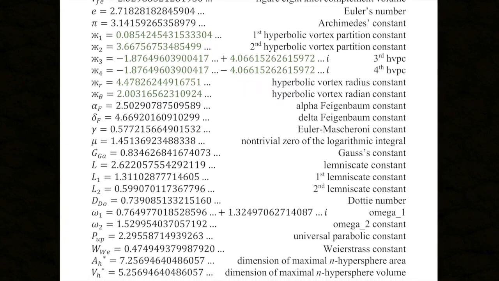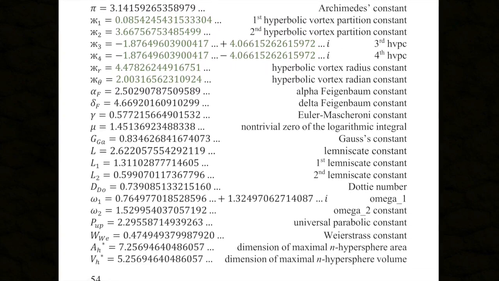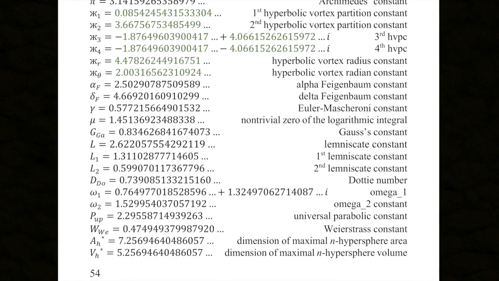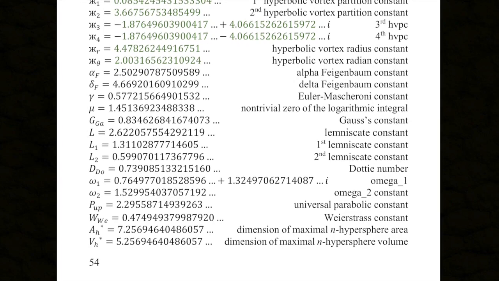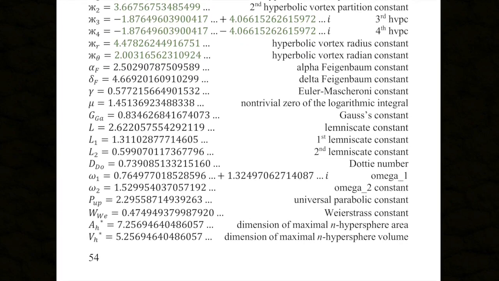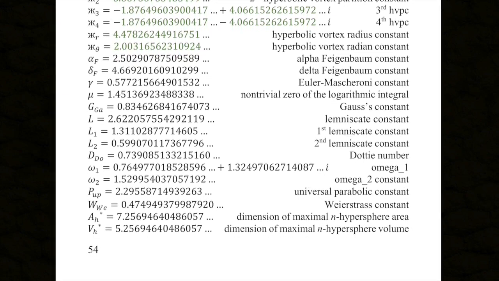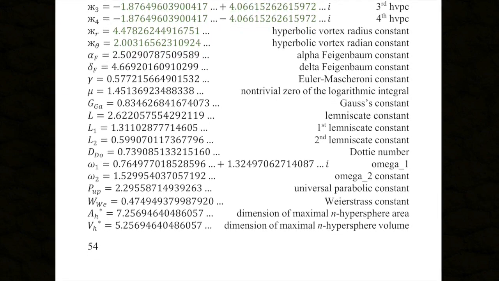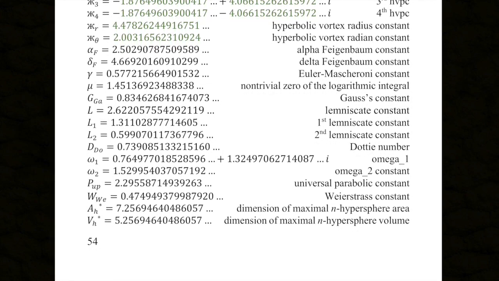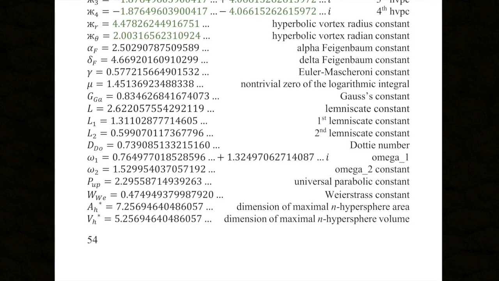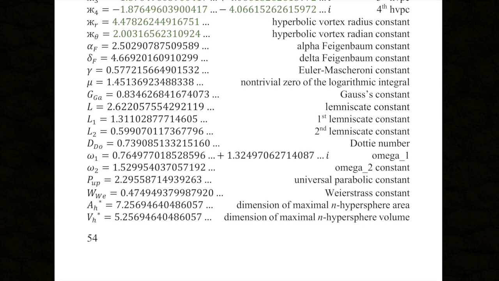The Dottie number means that you're going to have a fixed point. This cosine fixed point is the Dottie number. We have the omega 1 constant and the omega 2 constant, the special periods that are maintaining the harmonic division balance of this construction. The universal parabolic constant, the Weierstrass constant, doubly periodic parameter. We have the dimension at which the n hypersphere has maximal area, and we have another geometric constant that defines the dimension in which the n hypersphere has maximal volume.